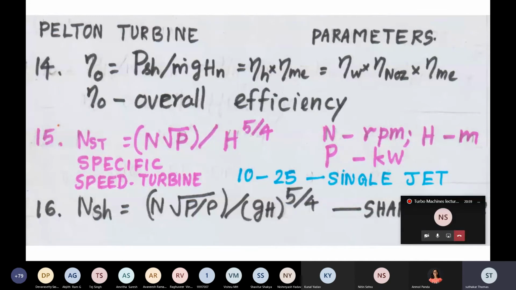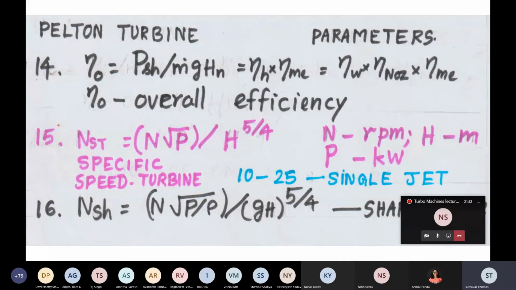One was termed the flow coefficient, another was the head coefficient, another one was the power coefficient. Now to get the specific speed expression for pumps, we took flow coefficient and head coefficient, and from that we eliminated the diameter term, and we got the specific speed expression.